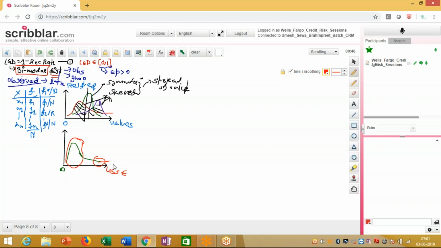So a right skewed distribution. This is a right skewed distribution. Why? Because the majority of the concentration is on the left hand side, and some of the values creating that asymmetry, those outlier or extreme values, lie towards the right hand side of the distribution.